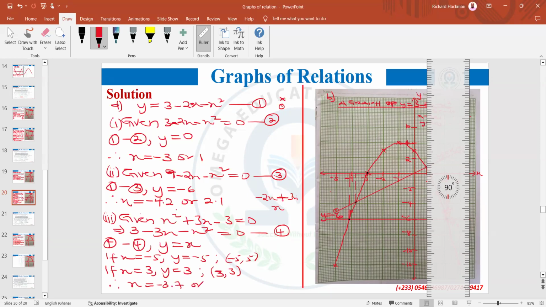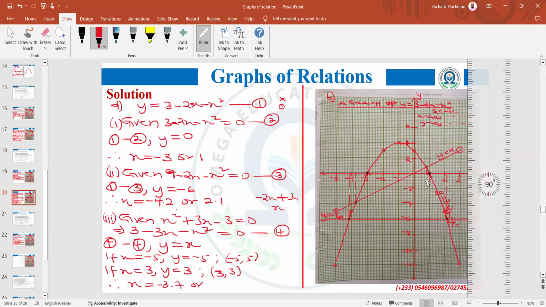Then I come here, I have 2 boxes away from 1. So that will give me 0.8. Is that clear? As for the reading, you have done your calibration. So you should determine the size of each small box.